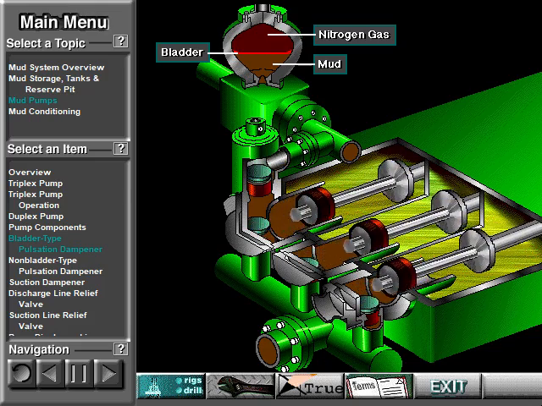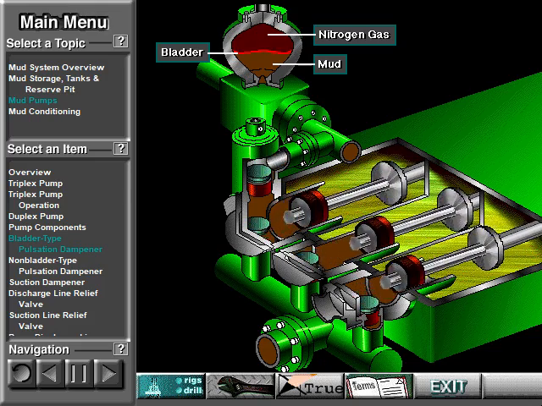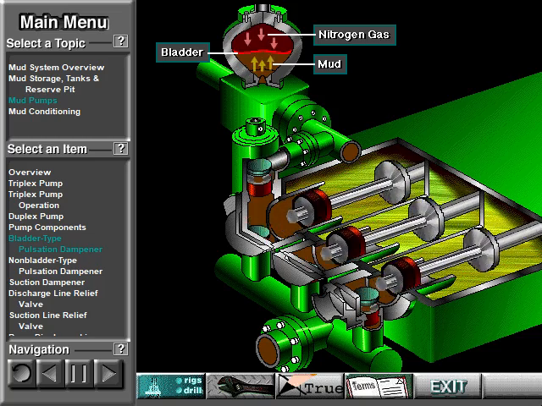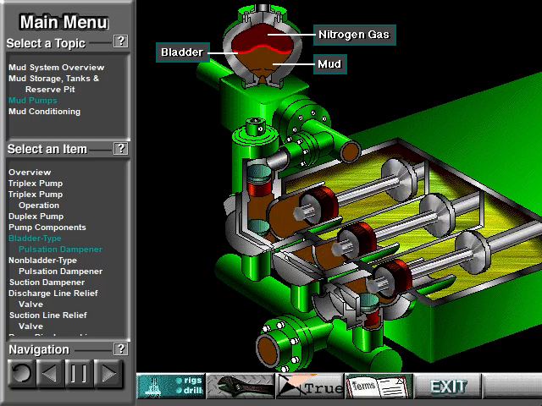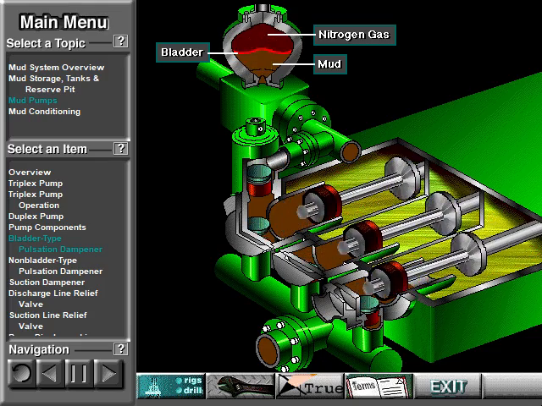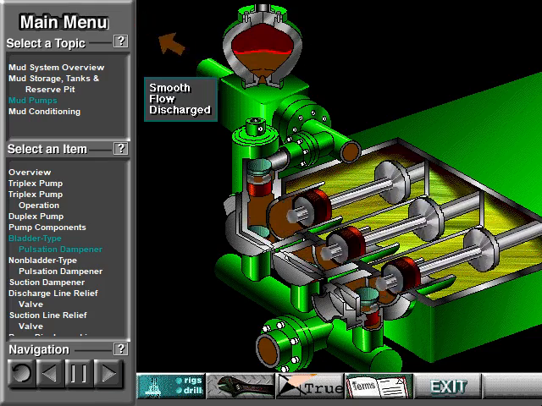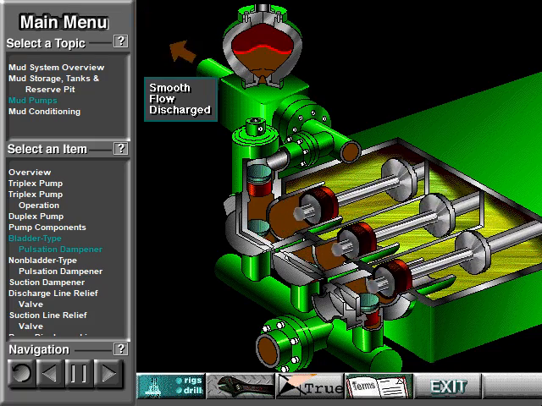The bladder is made from synthetic rubber and is flexible. When mud discharge pressure presses against the bottom of the bladder, nitrogen pressure above the bladder resists it. This resistance smooths out the surges of mud leaving the pump.